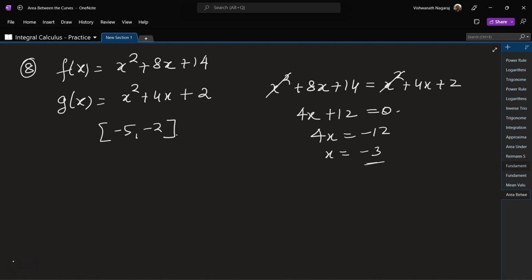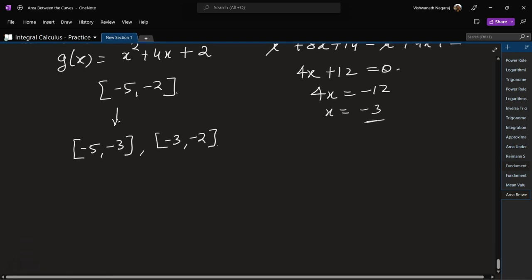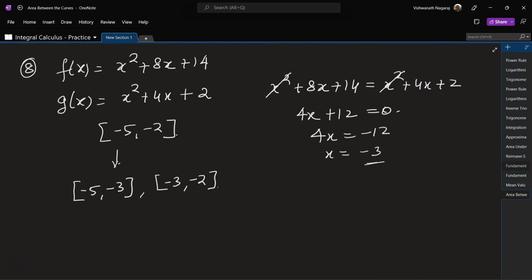So which means that we can split it into minus 5 to minus 3 and minus 3 to minus 2. So we have these two intervals. Now we have to figure out which curve is higher and which is lower in each interval. In this case, let's take minus 4, and in this case let's take minus 2.5.